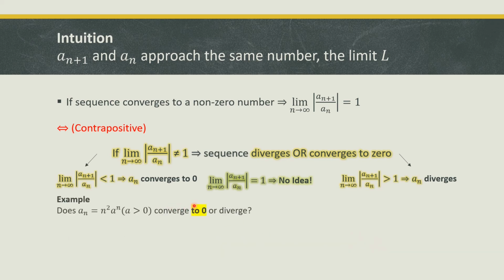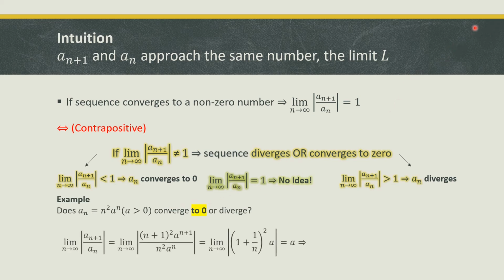The next example is again from a previous video where we used the binomial expansion to compute the limit. Again, it's not a hard task to just substitute the n plus first term, then the nth term, and again we get a simple looking limit, and the limit is again a.